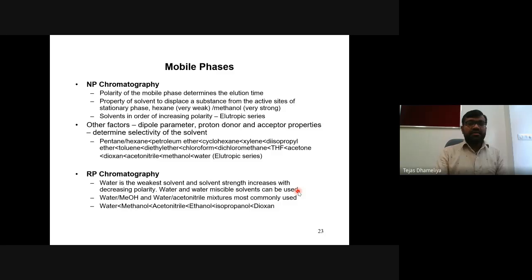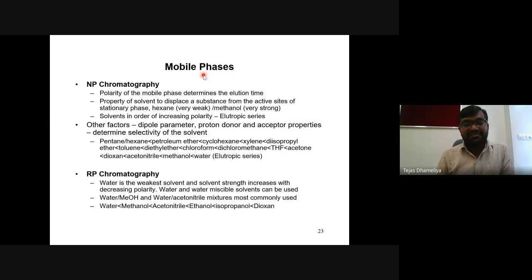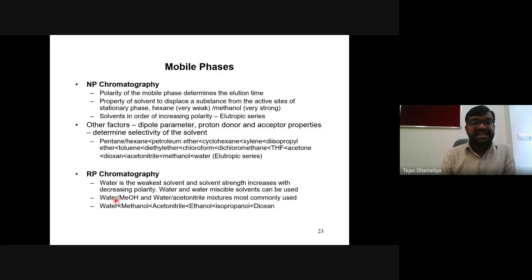Okay. Mobile phase. Previously we have seen the elution pattern depending upon the stationary phase. Here is the elution pattern for the mobile phase, for normal phase as well as for reverse phase chromatographic technique. It depends upon the selectivity of the solvent, given by the eluotropic series. What is the eluotropic series? The eluotropic series means solvents in order of increasing polarity.